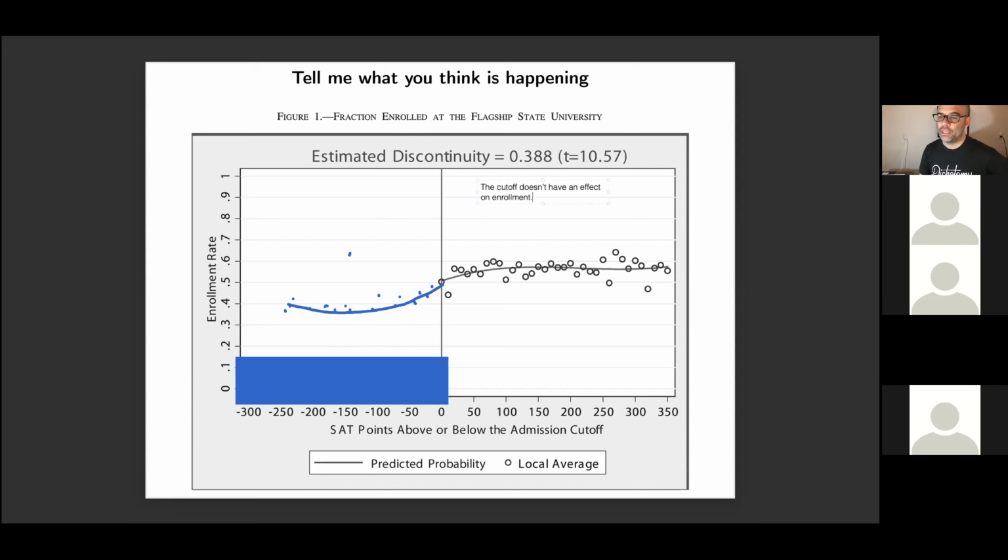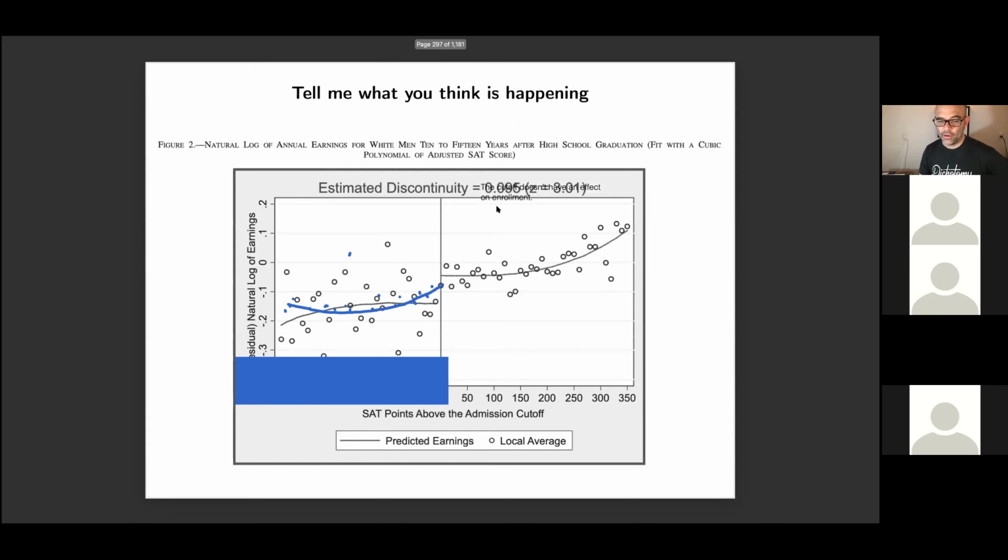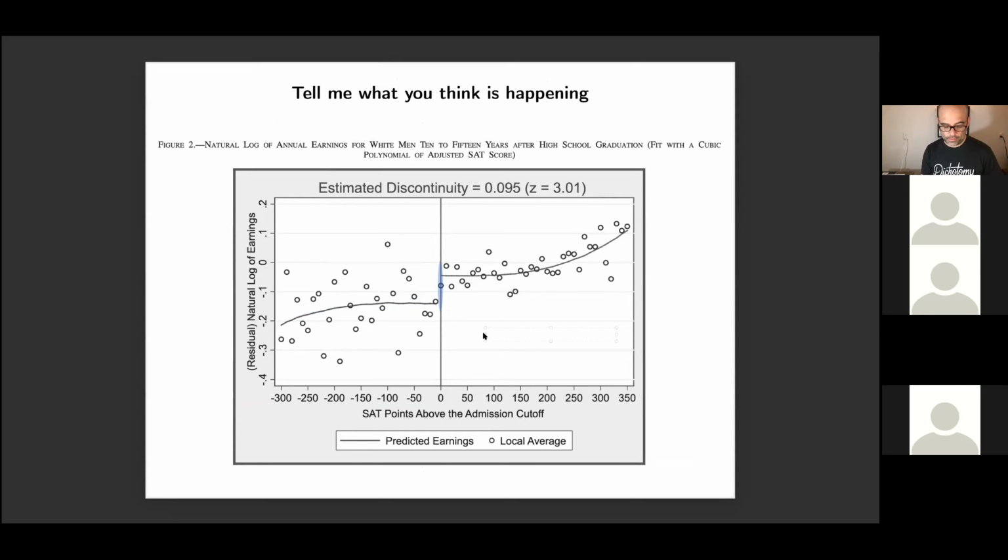And if there's no effect on enrollment, then how do I interpret this gap? It can't be the effect of enrollment because there was no effect on enrollment.